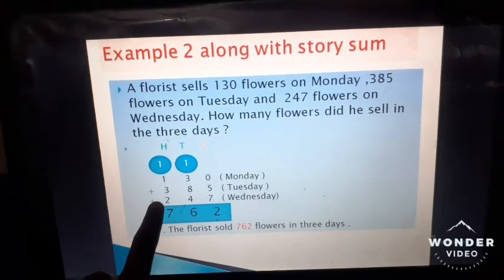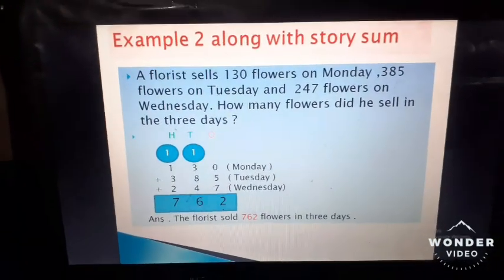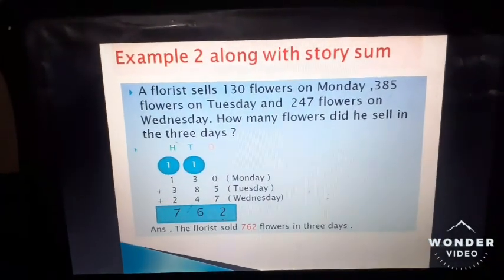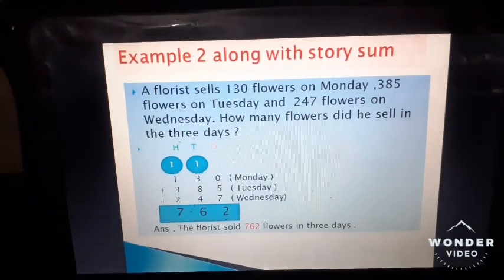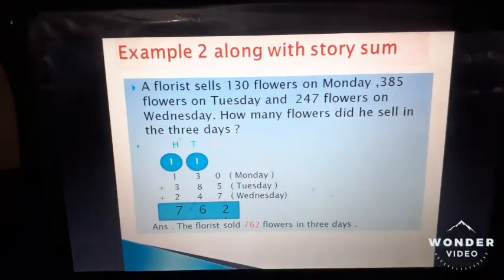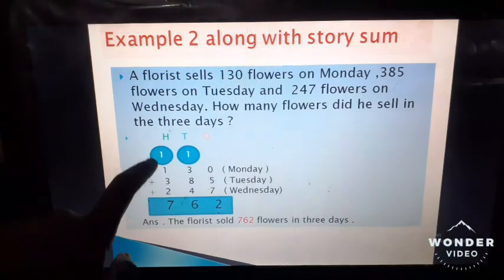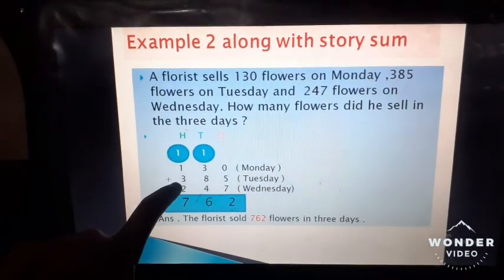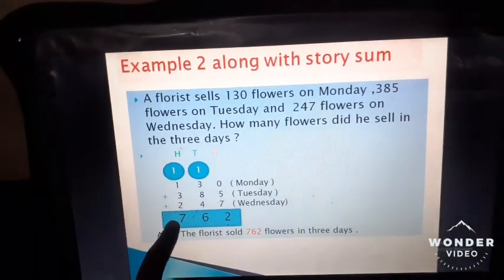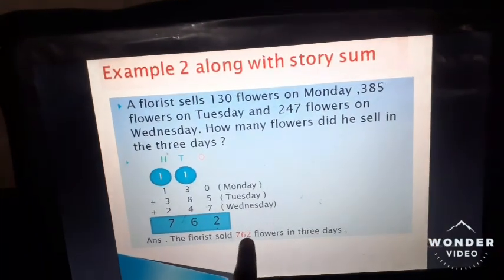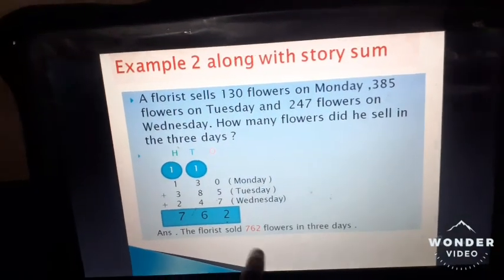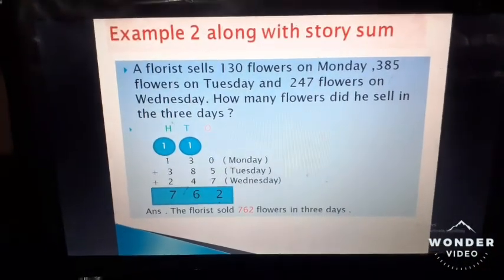Now I have to add 2 more. 5 plus 2 more, that is 6 and 7. So students, 1 plus 1, 2. 2 plus 3, 5. 5 plus 2, 7. The florist sold 762 flowers in 3 days.